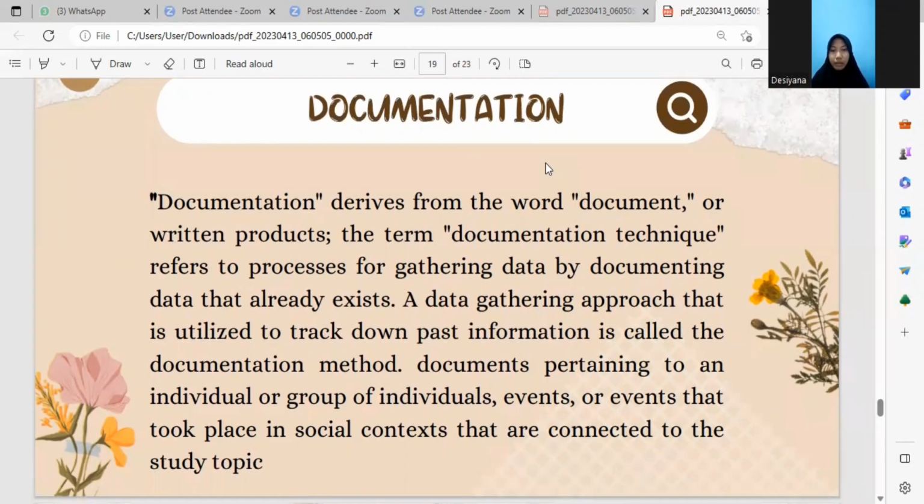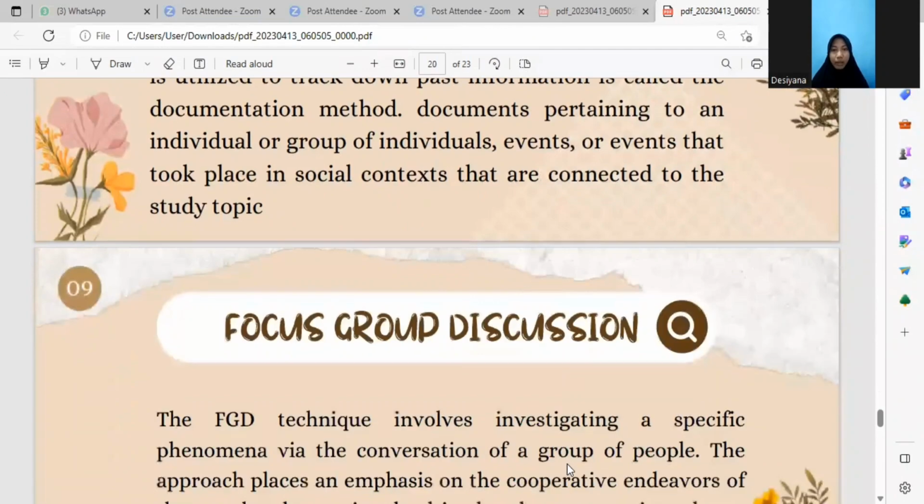A data gathering approach that is utilized to track down past information is called the documentation method. Documents pertain to an individual or group of individuals, events, or events that took place in social contexts that are connected to the study topic.